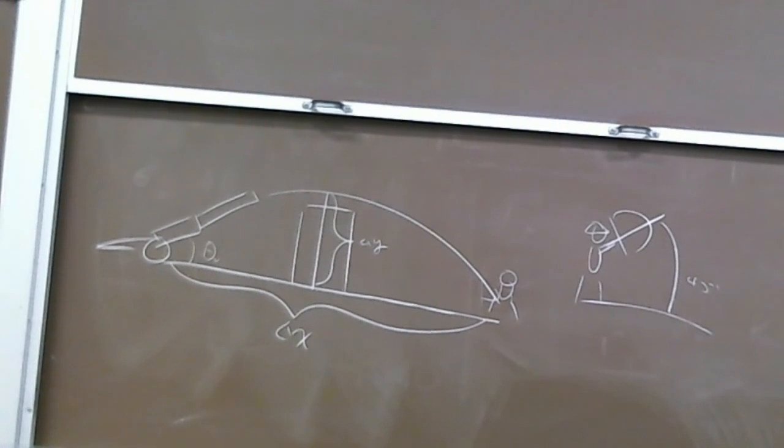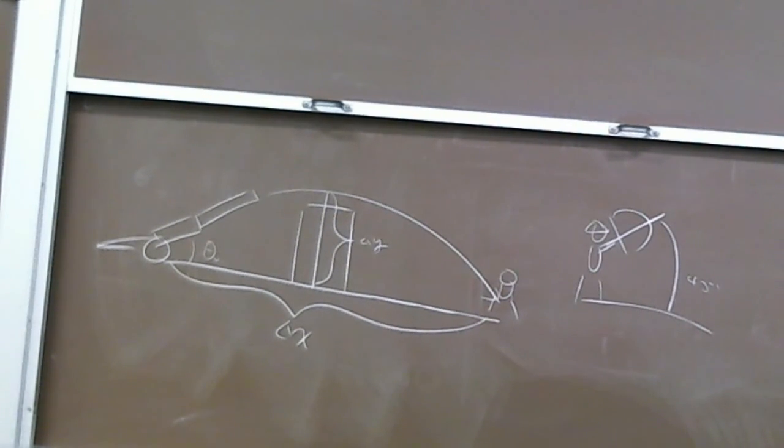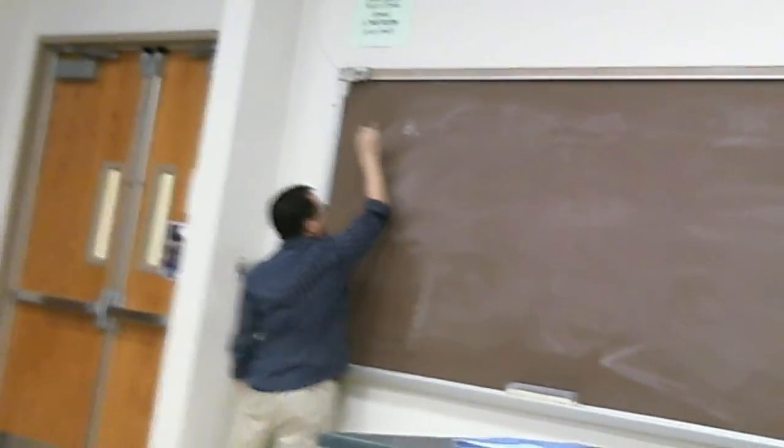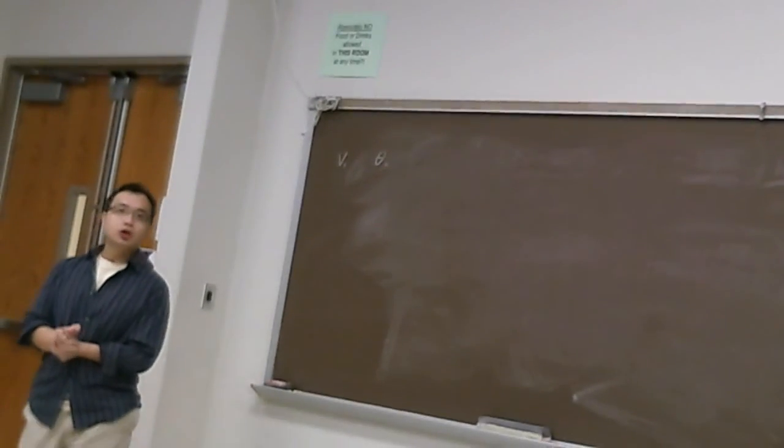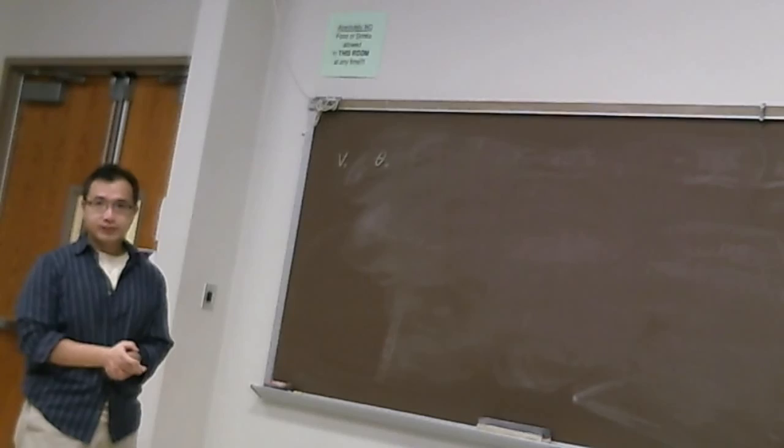So for the motion you have, the initial angle is theta naught and the initial velocity is v naught. That's the only two given quantities here.